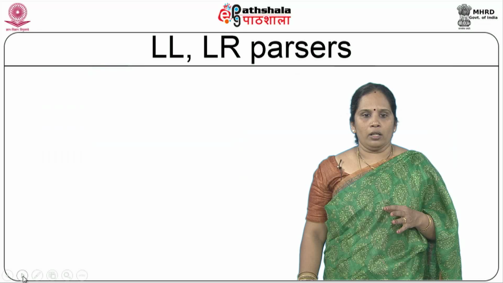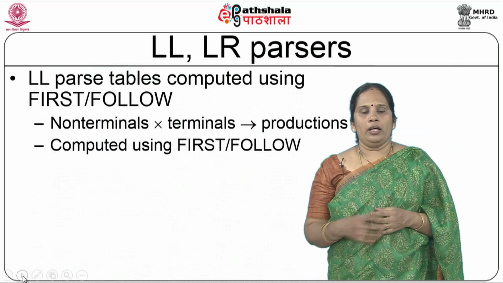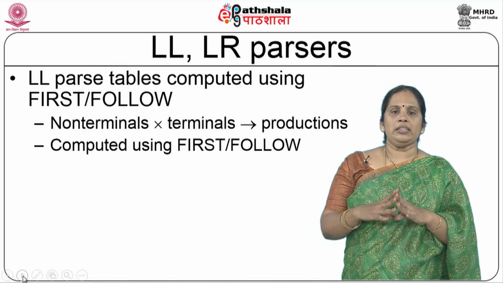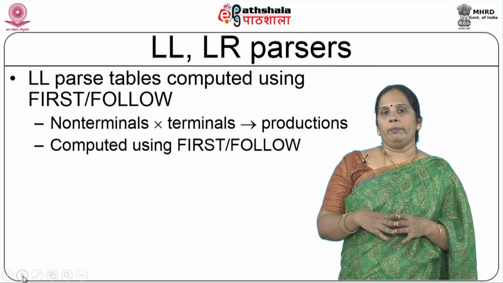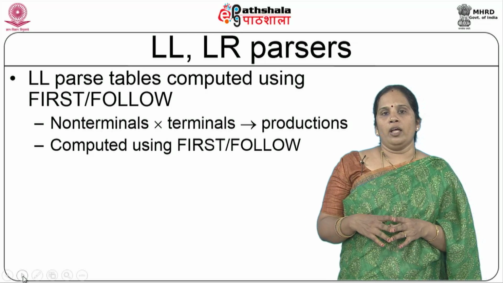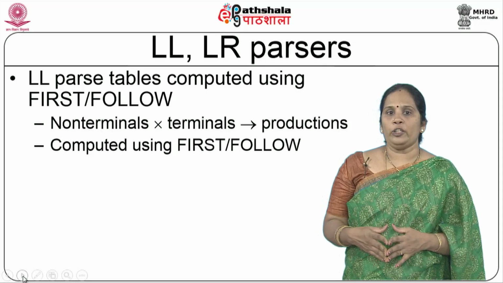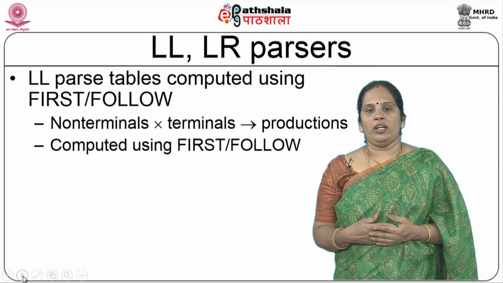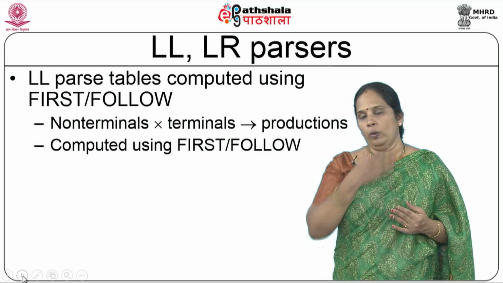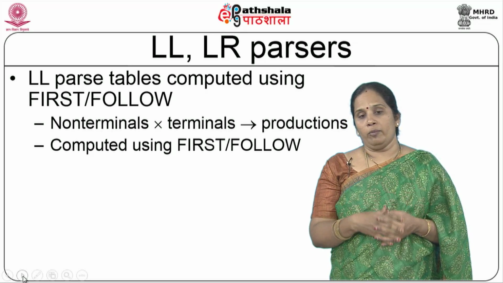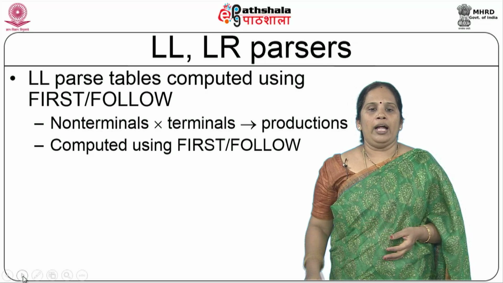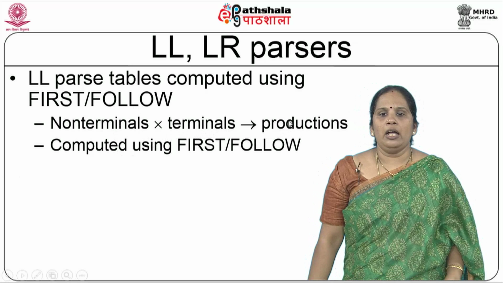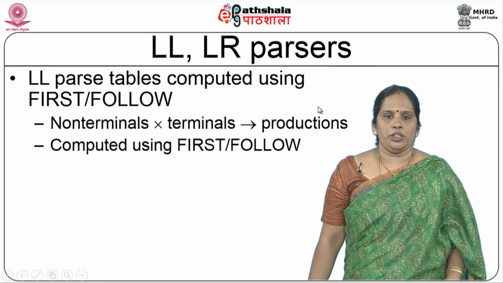So, continuing on this, LL and LR parsers. With LL parsers we have done LL parsing, which is top down parsing, which is also a predictive parser, a non-recursive descent parser. There we computed the first and follow of all the non-terminals and terminals, and the table is between non-terminals and terminals, and the entries will be the productions.